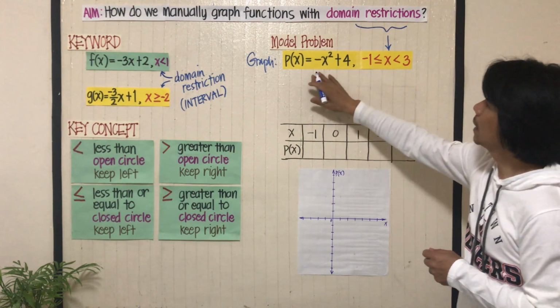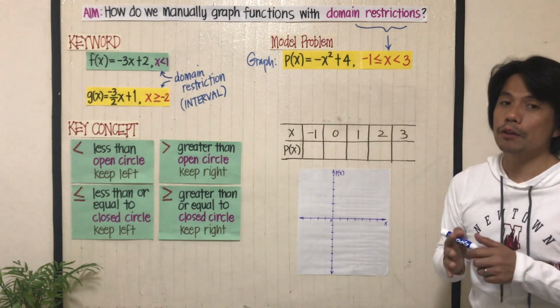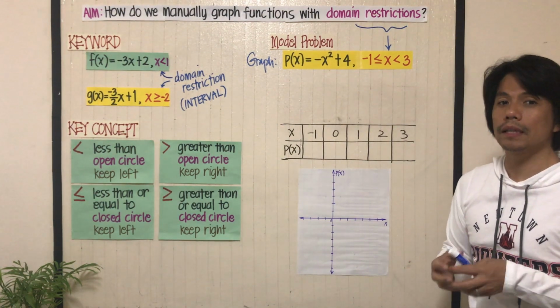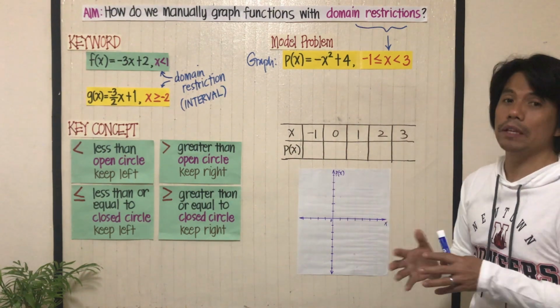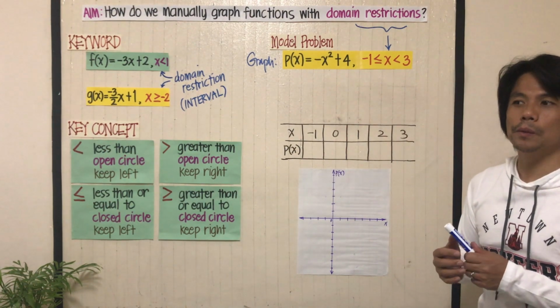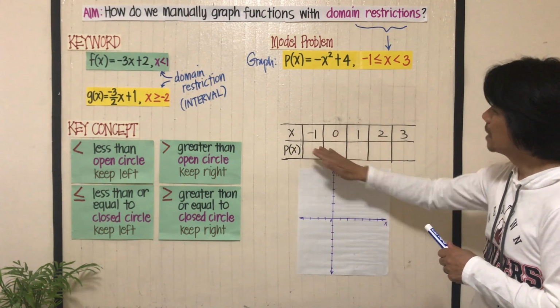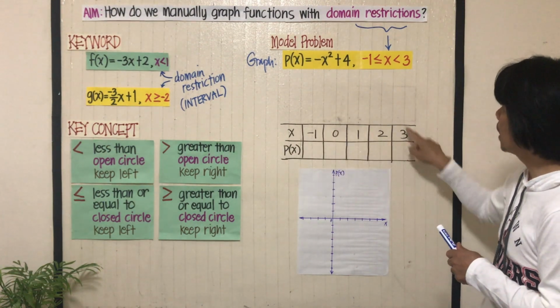But let's complete this table first. Again, if you know how to use Desmos, or if you have a graphing calculator that can generate a table, that would be great. However, in this video, we're gonna do the old school way, which is substitution. If you notice, my values for x are from -1 to +3.